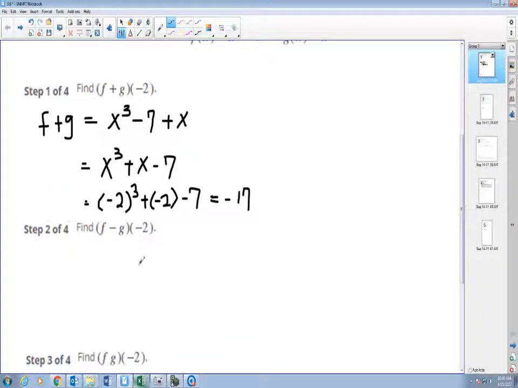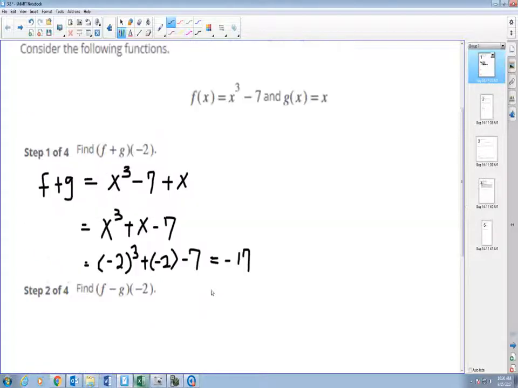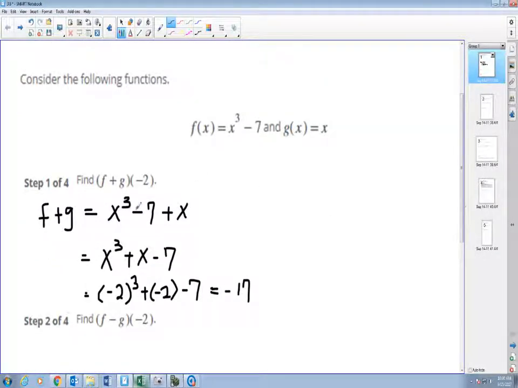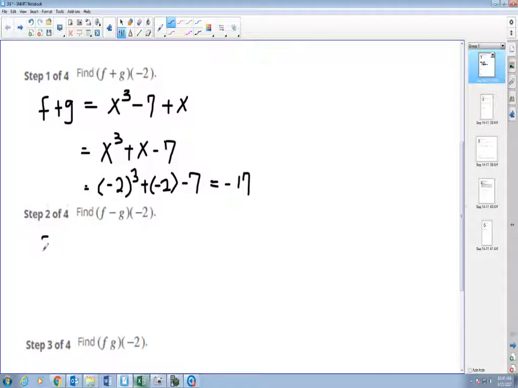Now let's find f minus g and then evaluate at -2. What you do not want to do is plug in -2 into each function right off the bat. What you want to do is combine the two functions first, which will give you a new function, then evaluate at -2.